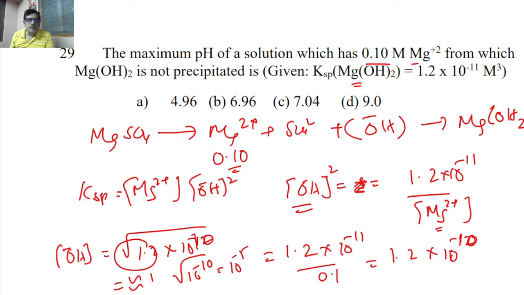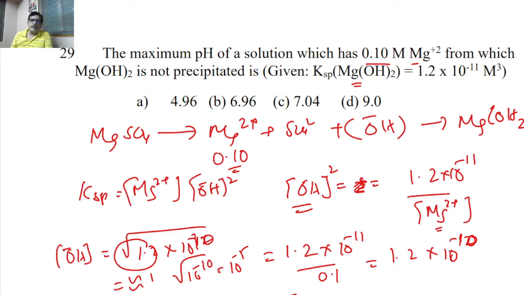Therefore pOH of the solution is 5, or pH of the solution will be 14 minus 5. So assuming the temperature as 25 degrees centigrade, that will be 9. So pH 9. So until that it will not be precipitated.